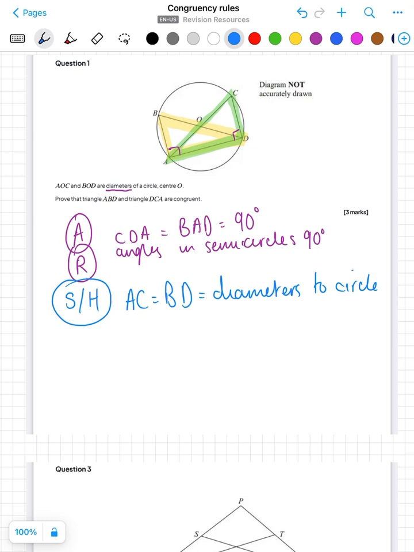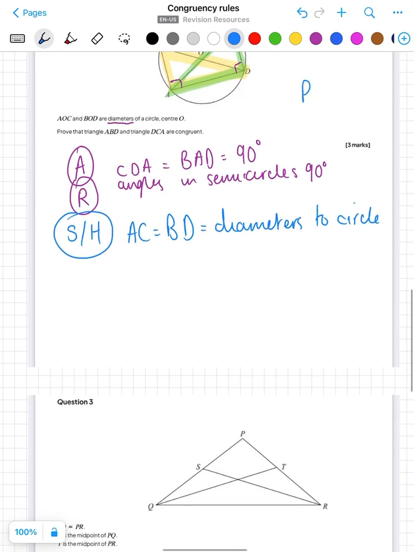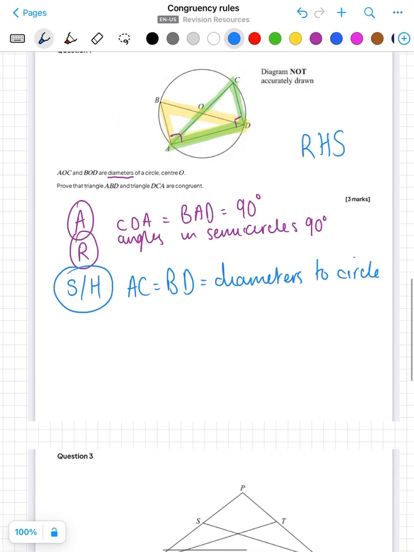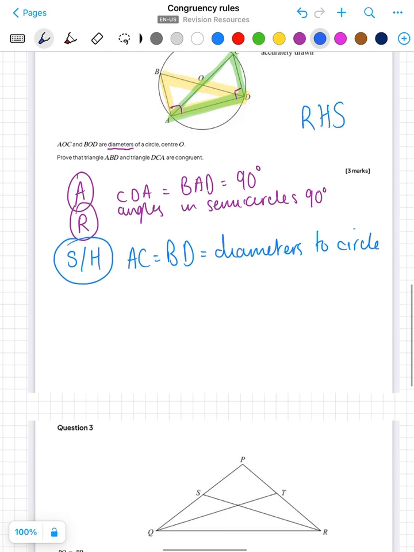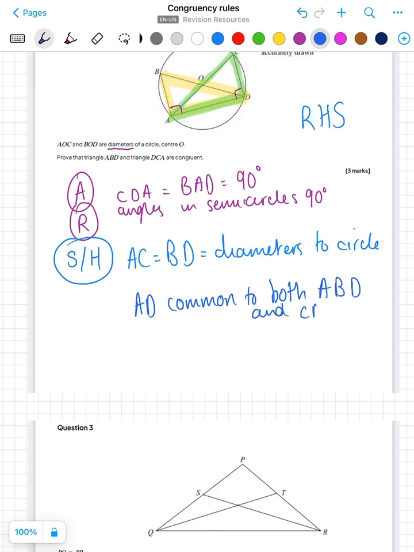Now we just need to prove another side is equal, of which here we can see line AD is highlighted in both yellow and green. So AD is common to both ABD and DCA.